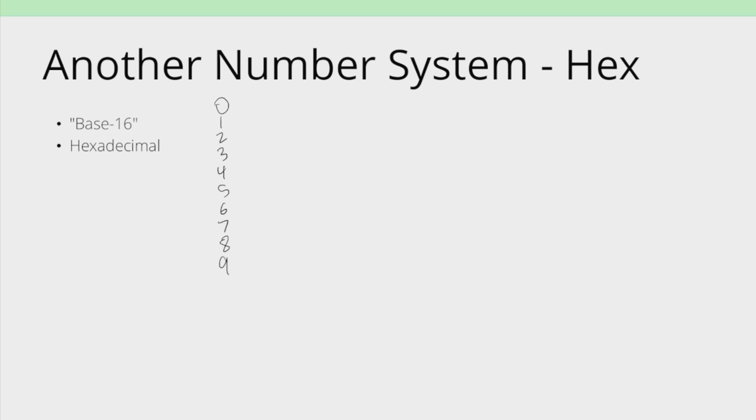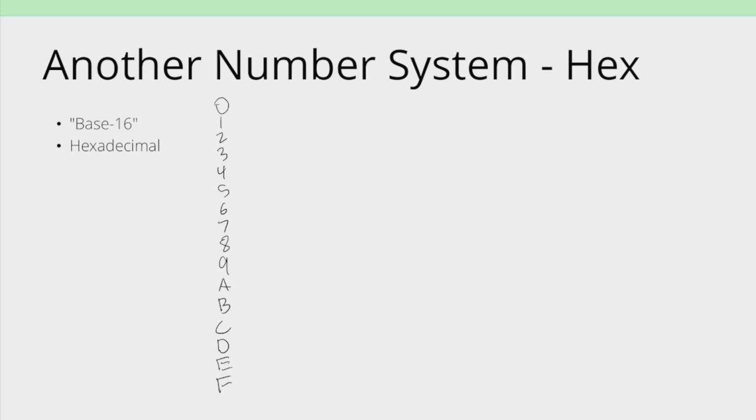So how do we represent 16 different symbols? These are the values you are familiar with. Well, we start using the alphabet. So 10, 11, 12, 13, 14, 15. Okay, and that is in total 16 different symbols.